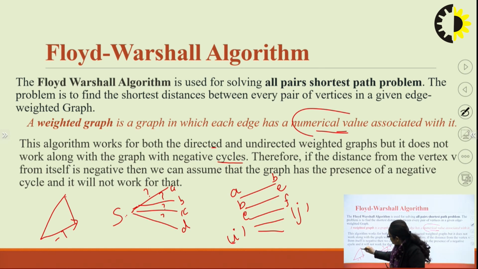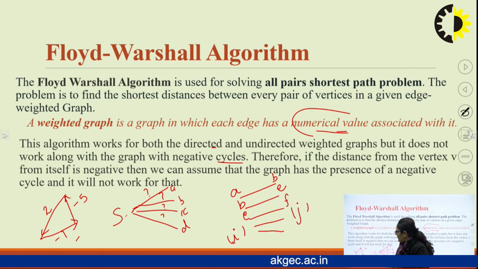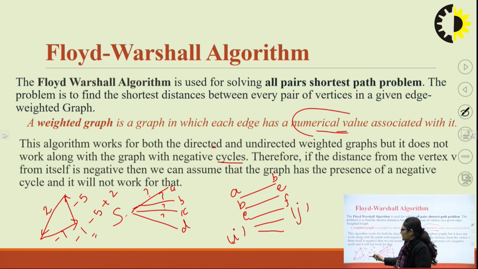This is edge 2 which has cost, suppose, -5, and this is edge 3. This is a directed graph, and this third edge has a weight, suppose a positive value, that is 2. So what will be the total cost? It will be -1 -5 plus 2, which is -4, which is negative. So this is a negative weighted cycle.